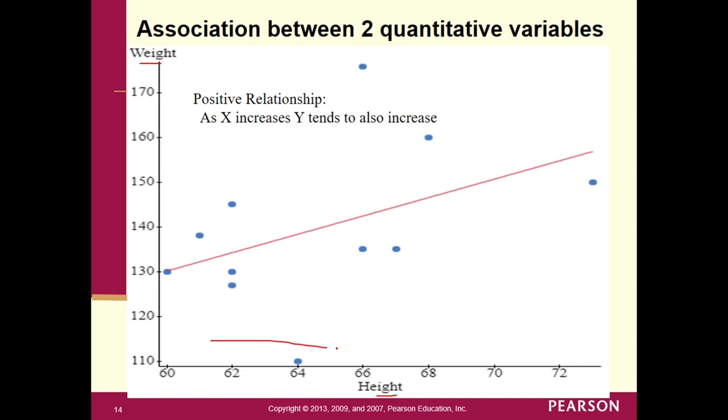So as height increases, what happens to weight? It tends to go up too. And the slope of this trend line is what? It's positive. Since we have a positive slope, we're going to call this a positive relationship. As x increases, so does y.